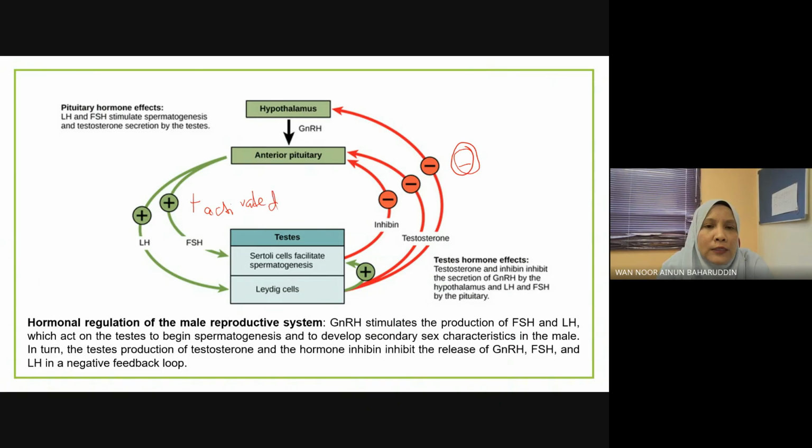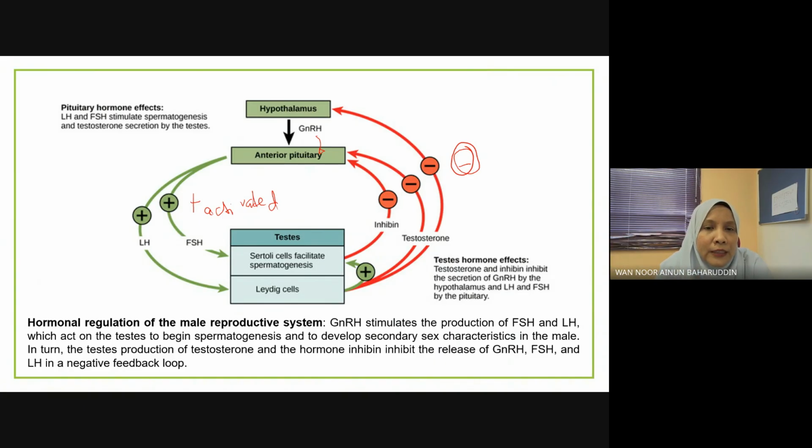So it all starts from the brain itself, from the hypothalamus. It is activated to release gonadotrophin releasing hormone, or GnRH. This GnRH will stimulate the anterior pituitary to release FSH and LH, acting on the testes and Leydig cells.